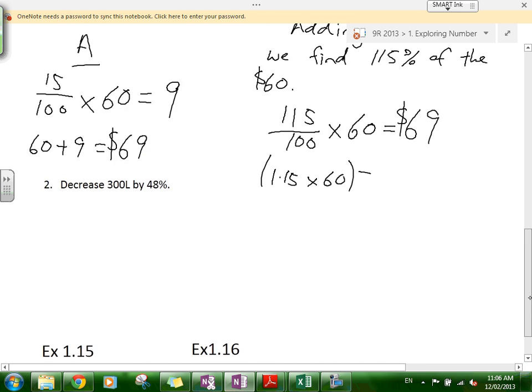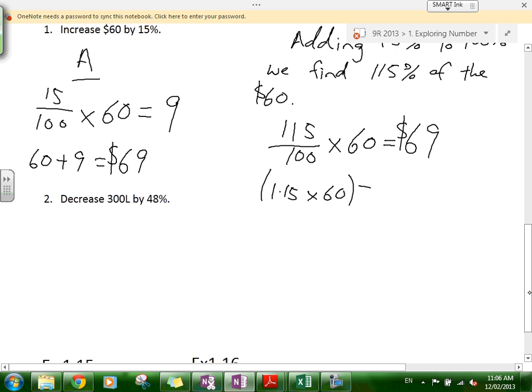That says adding 15% to 100%. It's just a different way, giving me 1.15 times 60.